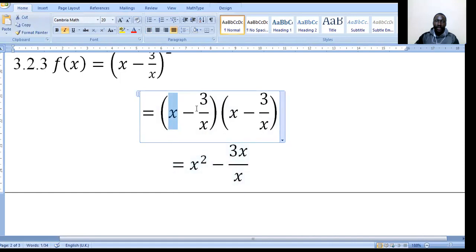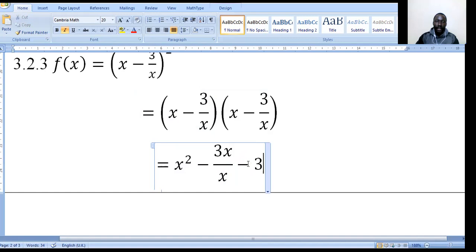We are done with that. Now the next thing is to multiply 3 over x times x. This is going to be 3 times x divided by x, also minus. Okay, so let's put it down: minus 3x over x.